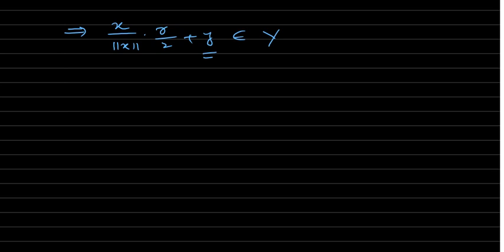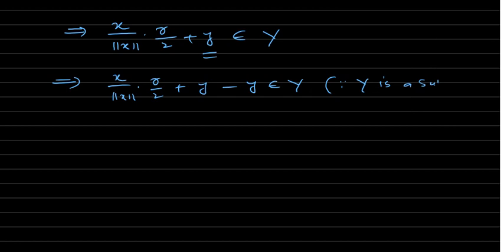y is already in Y because y is the interior point of Y. Now Y is a linear space, a subspace, so x by norm x times r by 2 plus y minus y is also in Y, as Y is a subspace.